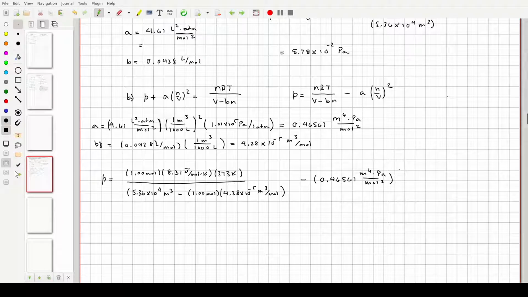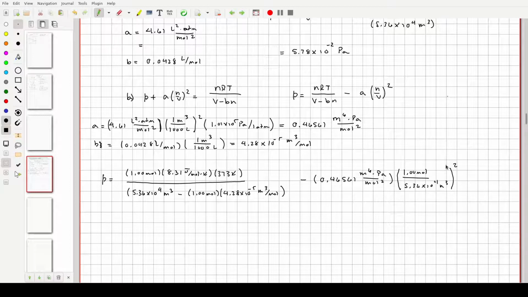And then I have n over v, and I've got to square that. n was 1 mole, and v again was 5.36 times 10 to the fourth cubic meters. When you square this cube here, it becomes to the power of 6, so those cancel.